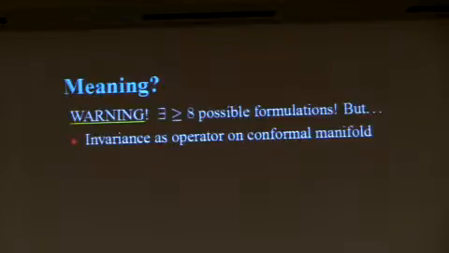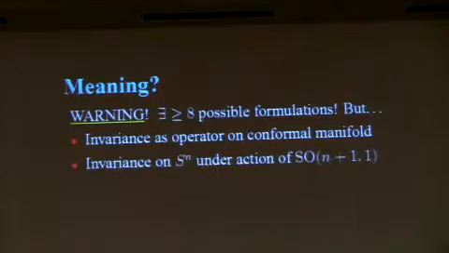Okay, the second notion of invariance is, well, we saw the flat model of conformal geometry was the sphere under the action of this particular group, the Lorentz group in 2 dimensions higher up. And so you can ask for operators on the sphere which somehow respect this action. Actually, if you're going to talk about the Dirac operator, then you'd better increase your symmetry group a little bit as well.